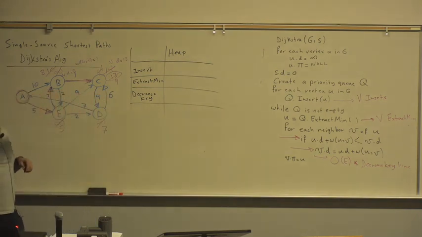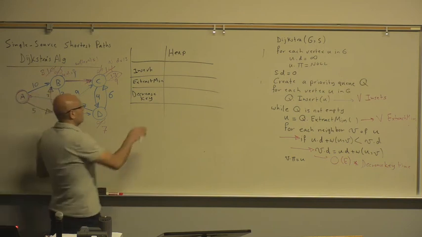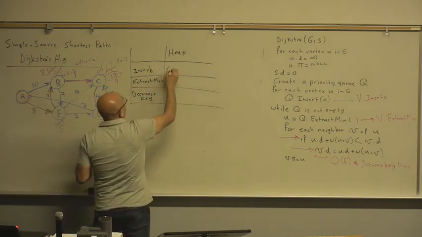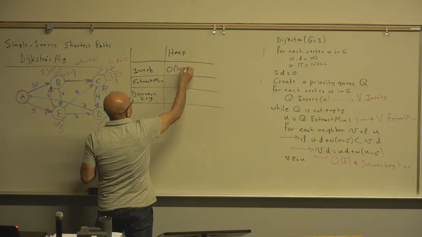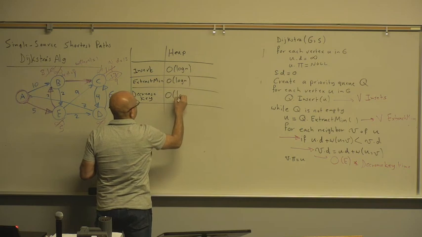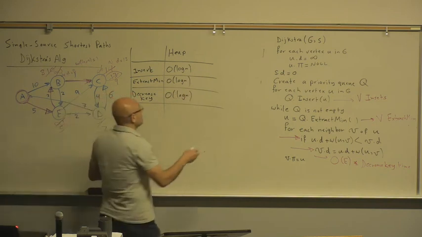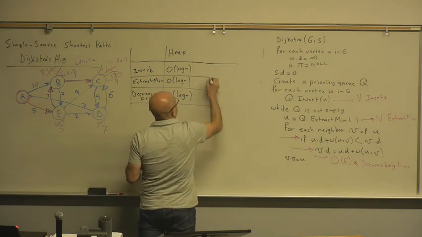It will be log n for the heap. The heap can do each of these operations in O of log n. But the heap is not the only implementation of a priority queue.